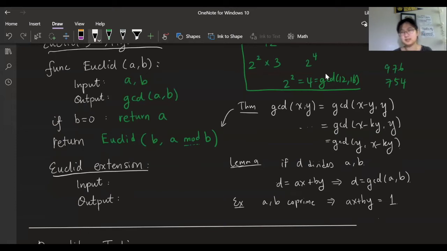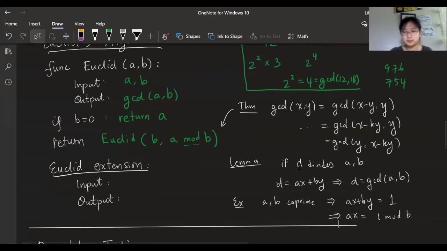Okay? It's not always clear that if you have just two co-prime numbers and you do some linear combination, you always get 1. But the reason we're really excited about this is because, look at this. This means AX is equal to 1 mod B. Does that ring a bell? Like, does this statement ring a bell?